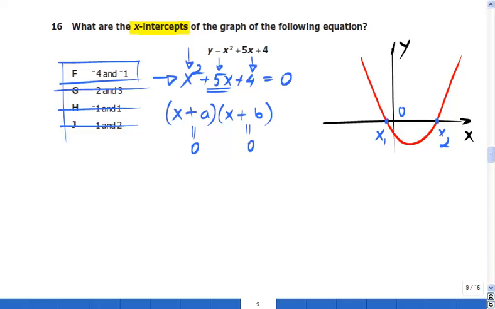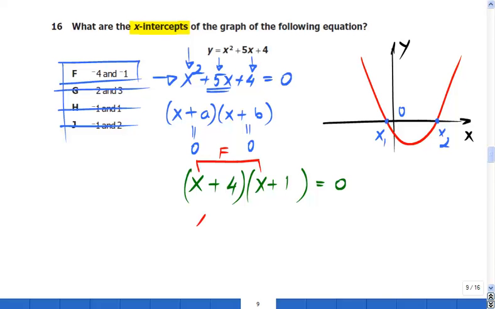I'm done. However, if you want to find out if you did it right, you can say, hey, this is going to be x plus a number times x plus another number, which we said is 4 and 1, and that should be equal to 0, my equation. Now, see if you FOIL these two binomials, if that product is going to give you x squared plus 5x plus 4. Let's see.